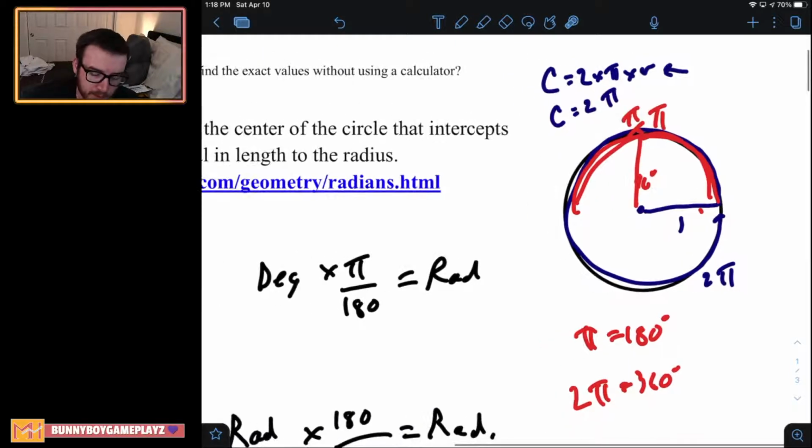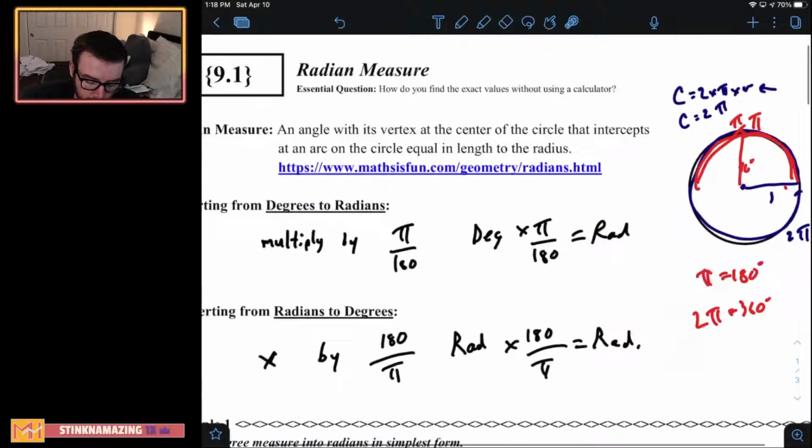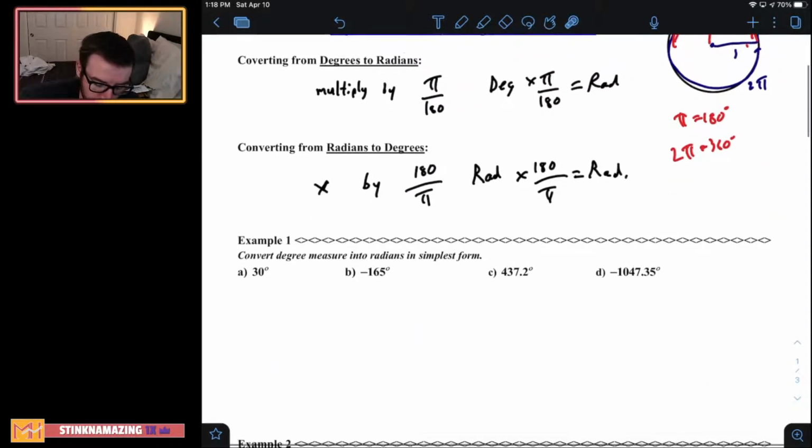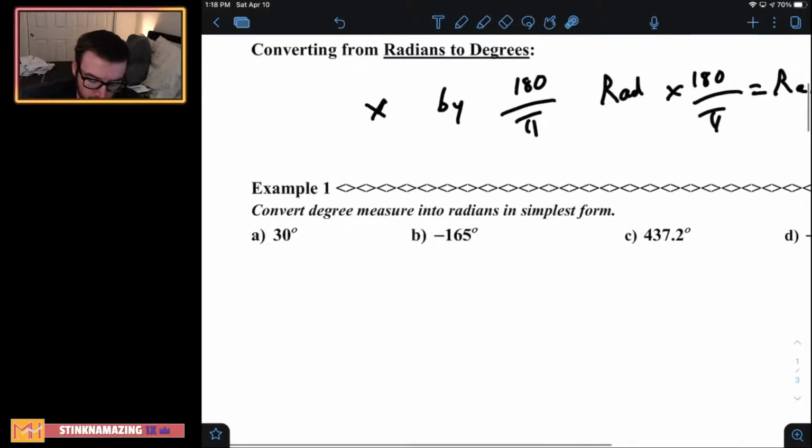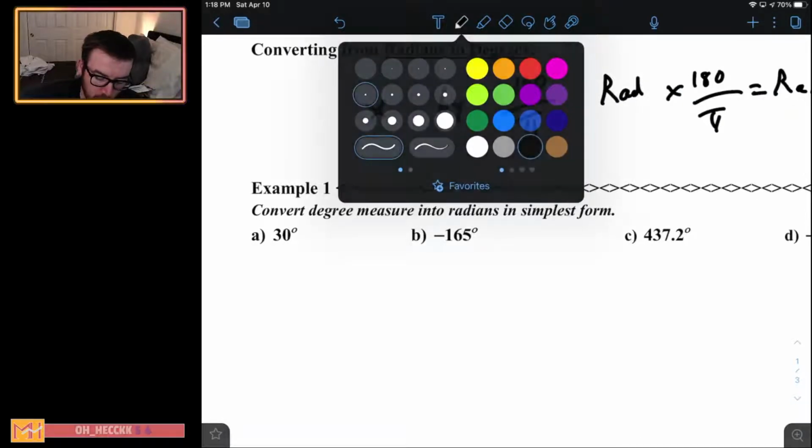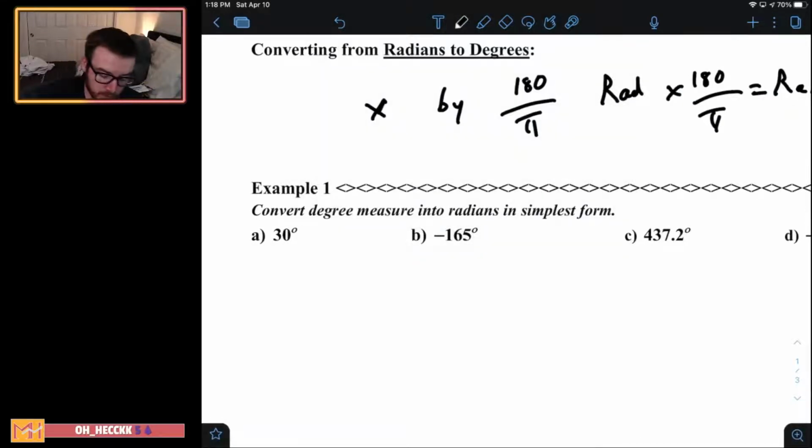I know I'm saying those fractions kind of quickly, maybe slow me down or rewatch. So 30 degrees. When I see that, I know that 30 degrees fits into 180 6 times. 30 times 6 is equal to 180. So what I just discovered is that 30 degrees is a sixth.